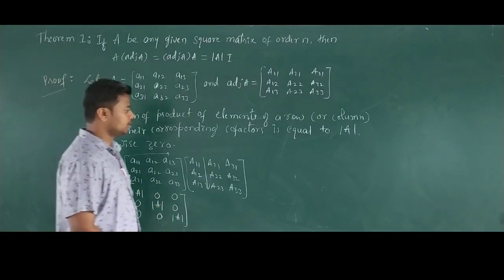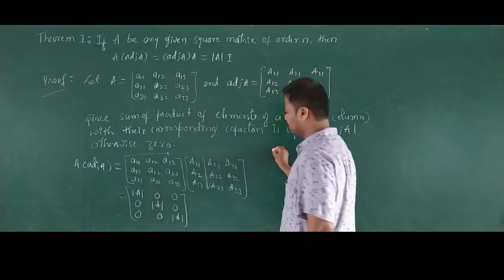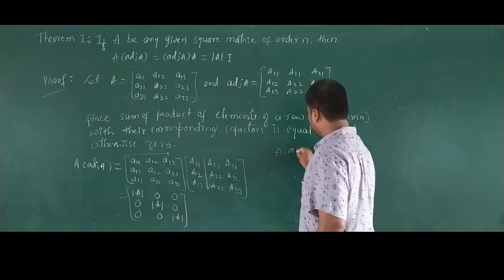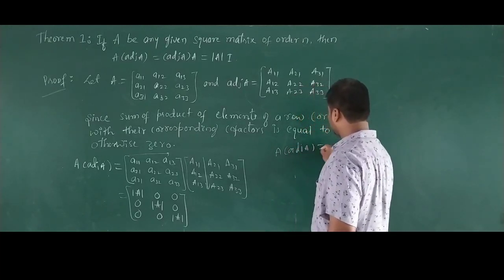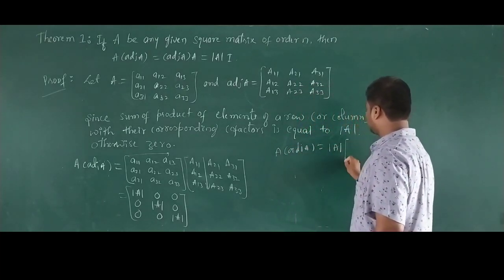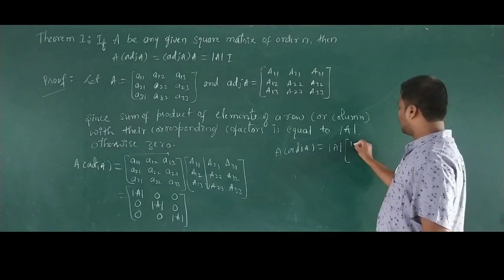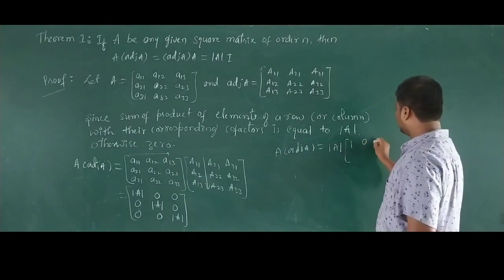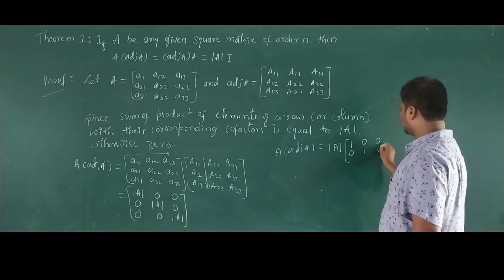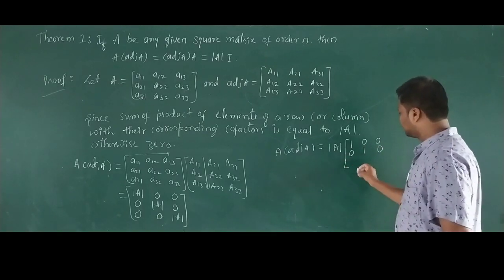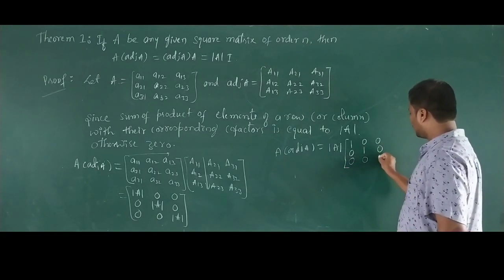Taking the determinant of A common, A into adjoint of A equals determinant of A times the matrix 1 0 0, 0 1 0, 0 0 1.